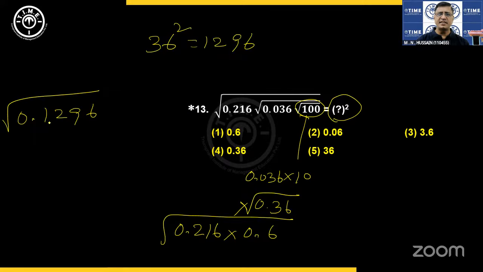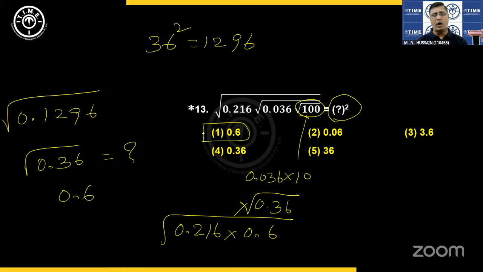Now 1296 here, 0.1296 means what is the result? 0.36. Square root of 0.36 is the question mark value. That is 0.6, option number 1. First choice is the correct answer. Okay. Now look at the next example on your screen.